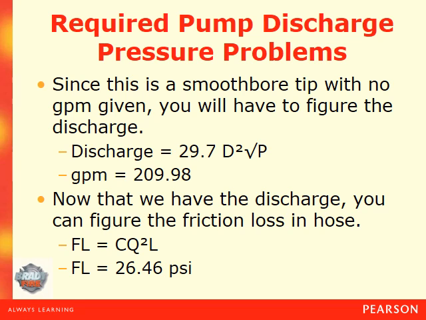Our friction loss is going to be the coefficient, which you can find at the chart, times our gallons divided by 100. So that's going to be 2.09, or say 2.10 for round numbers, squared, times, again, the length of hose divided by 100. And when we multiply all that together, we get our friction loss of 26.46. And now let's work on the elevation.